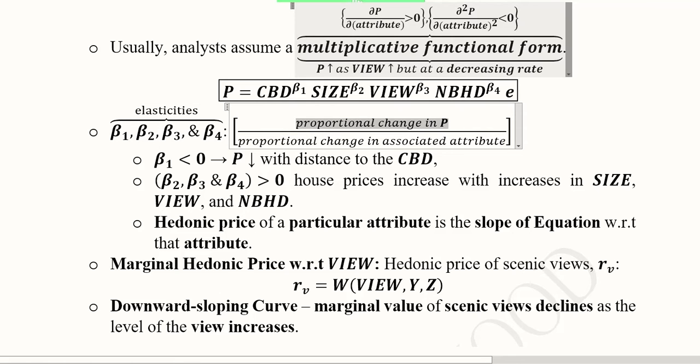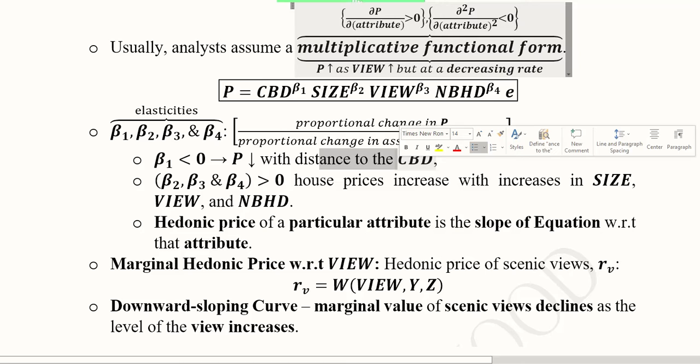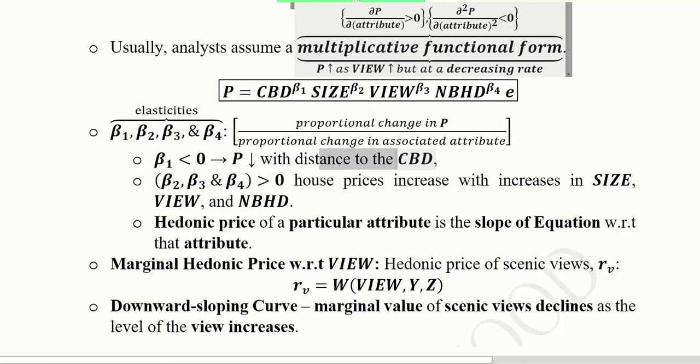Definitely they show the proportional change in one factor and how it affects the overall price. The beta 1, if it is negative, then the price is actually negative, because when the price is declining, it shows that the distance from the central business district is high. Definitely if it is close, the price will be higher.